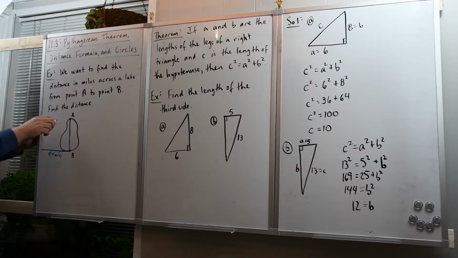And maybe the distance from this point to that one is something like 5.3 miles. And let's suppose we have a right angle between this side and this side. Well, now we have a right triangle where one of the legs has length 4.4 miles, the hypotenuse has length 5.3 miles, and what we're trying to do is figure out the length of this leg, which is the distance across the lake.